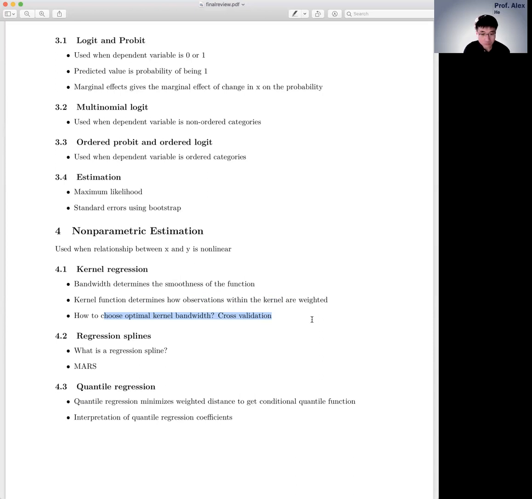So the estimation of this regression is just to minimize the weighted distance to get the conditional quantile function. And then we also talk about how to interpret the results. So it's only the change in those quantiles. So the coefficient of some x tells you the effect of x on the quantiles of the distribution, but it's not necessarily on single individuals.